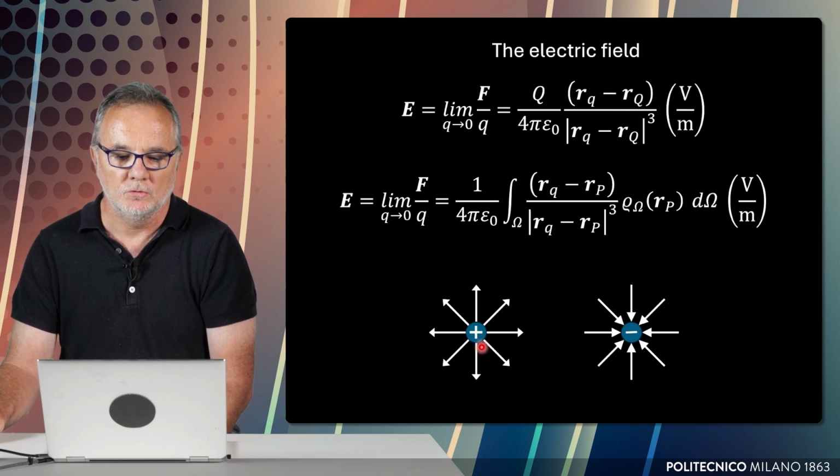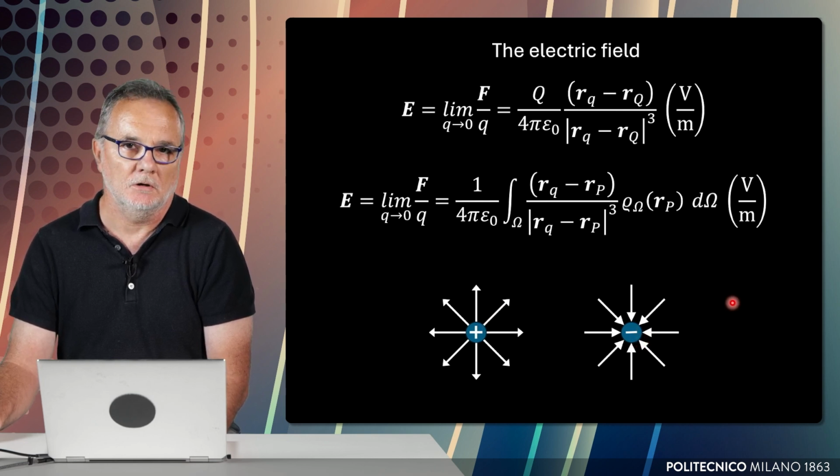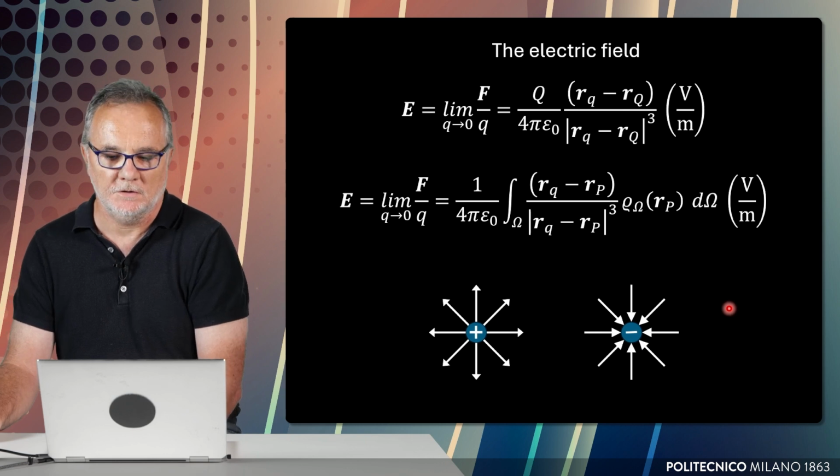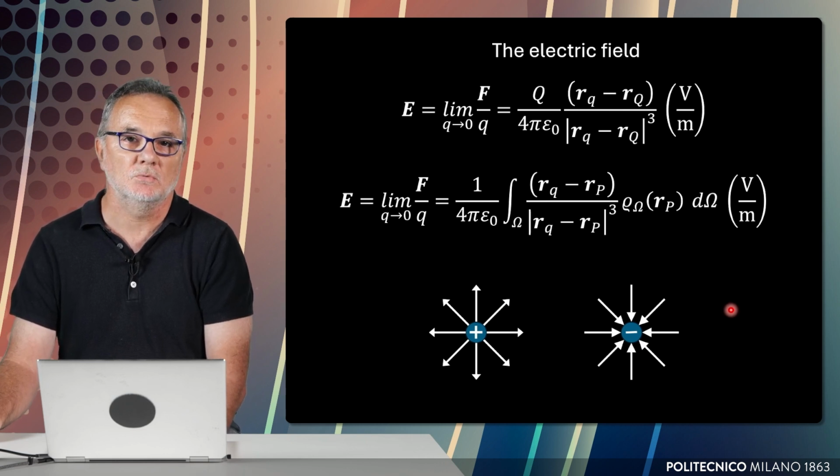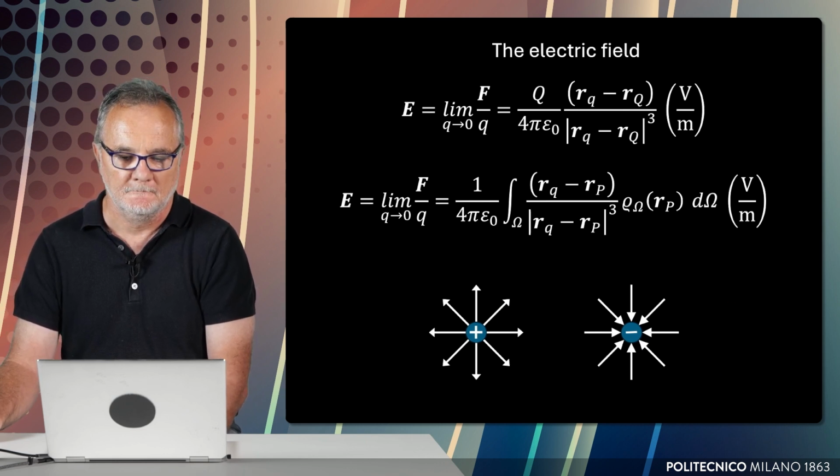The electric field due to positive charges is directed away from the charge itself. The electric field produced by negative charges, on the opposite, has field lines that are directed towards the charge itself.